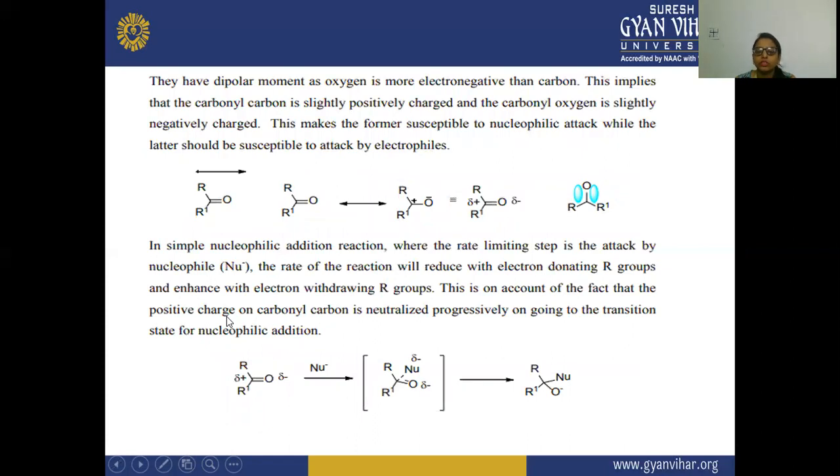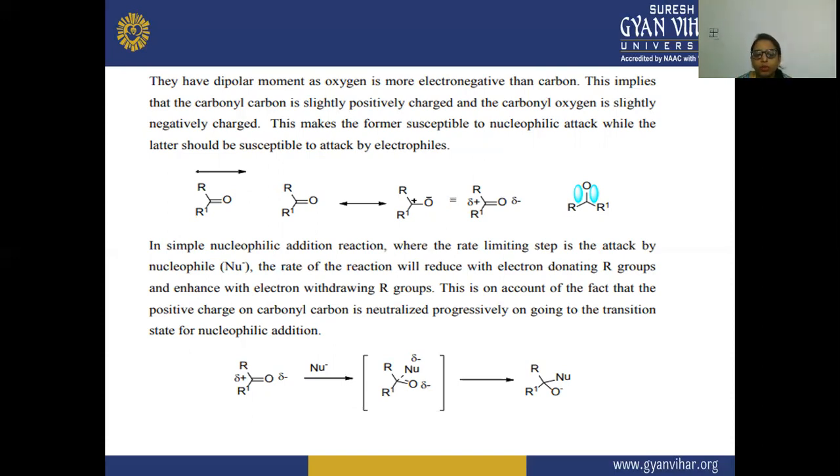Next, they have a dipole moment, as oxygen is more electronegative than carbon. This implies that the carbonyl carbon is slightly positively charged and the carbonyl oxygen is slightly negatively charged. This makes the former susceptible to nucleophilic attack, while the latter should be susceptible to attack by an electrophile.